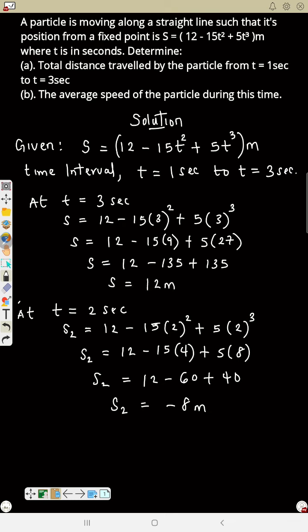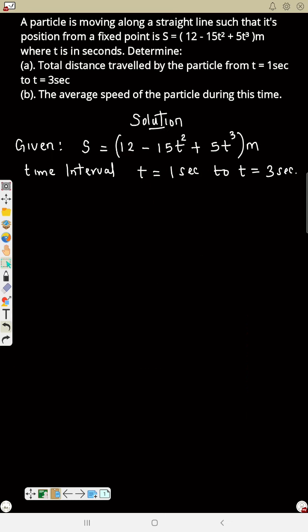Now let me combine all these positions at the time intervals together. At t1, so at t = 1 second, the position is 2 meters.